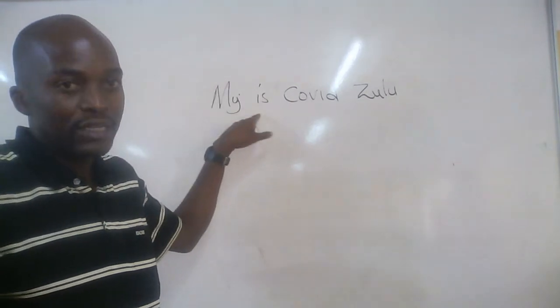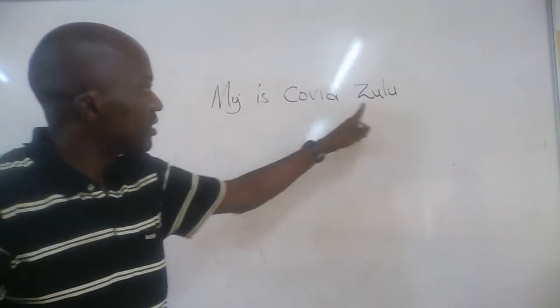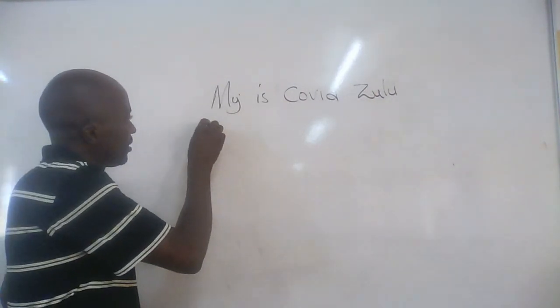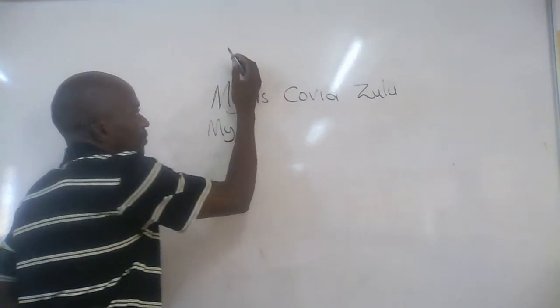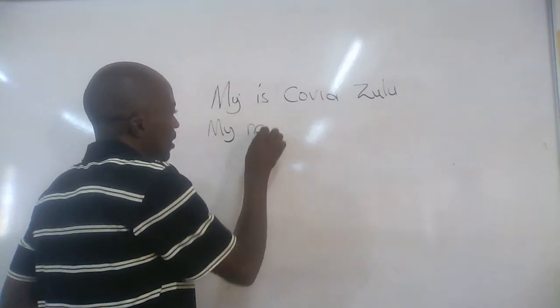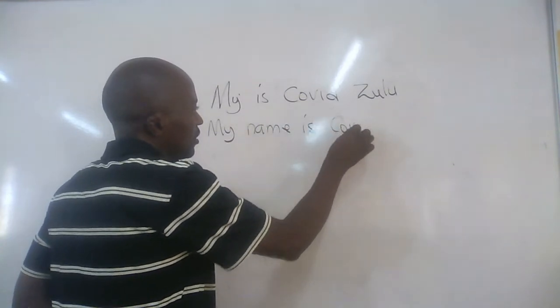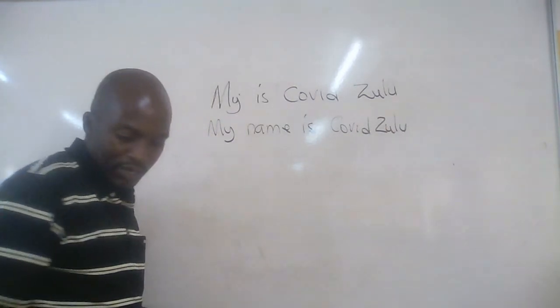Ask Mommy or Daddy, you type this just 2 times. When you type like that, at the end, you start again, my name is Covid Zulu. Are we together?